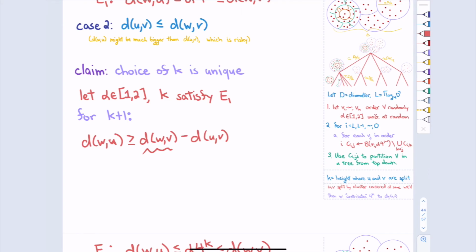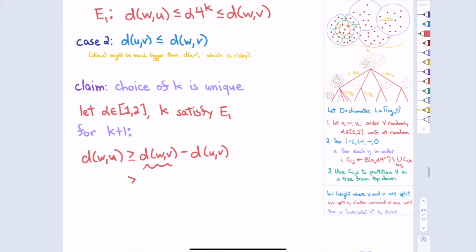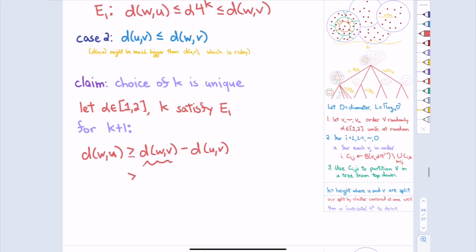So what do I know? I know that this is at least 4 to the k, and this is at most 4 to the k over 2. Oh, am I doing k minus 1 first? Okay. We're doing k minus 1 here. Sorry.